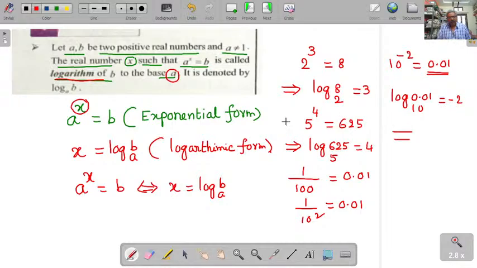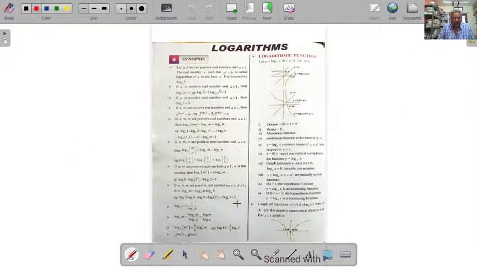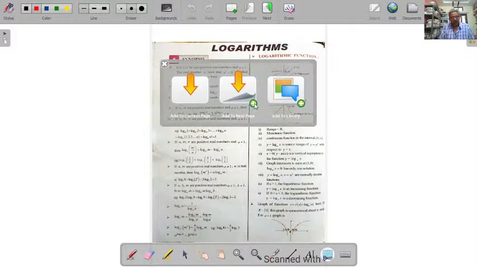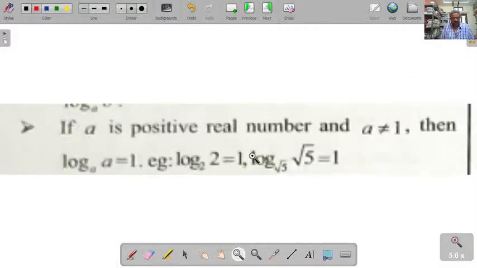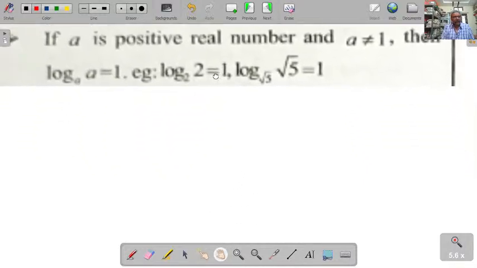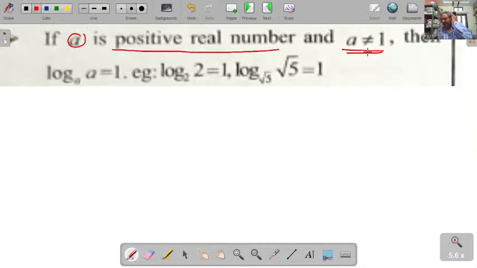Let us move to the next concept. See here, if a is a positive real number and a does not equal 1, then the logarithm of a to the base a is 1.